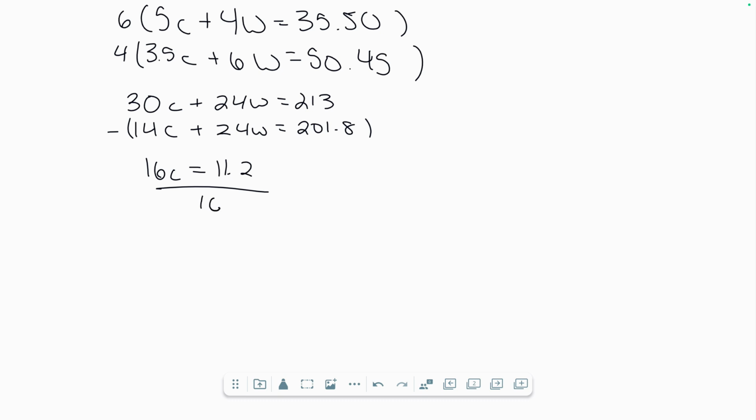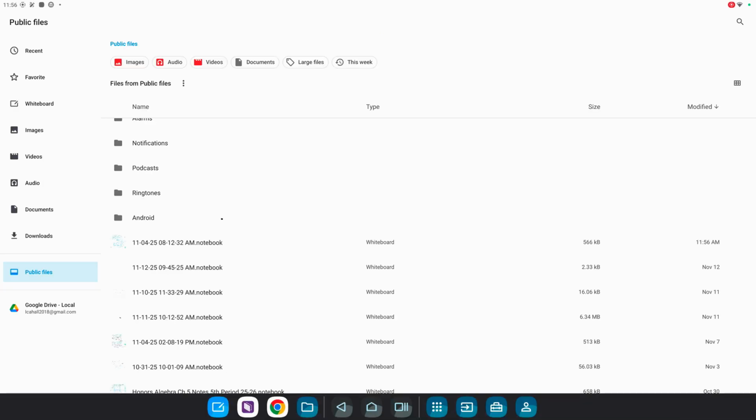Divided by 16, the cost for the clay is 70 cents per kilogram. Okay, so relatively cheap. Whoa, look at that.